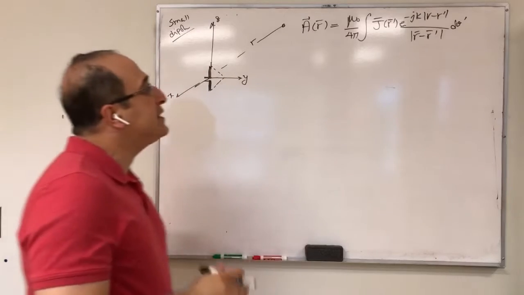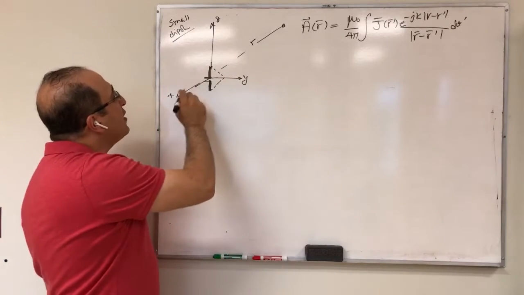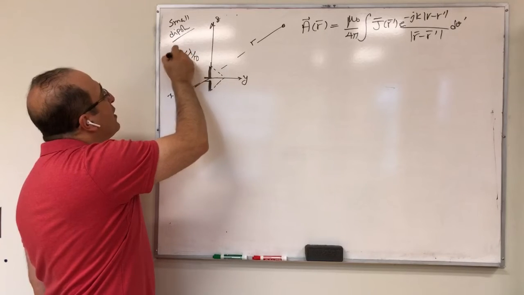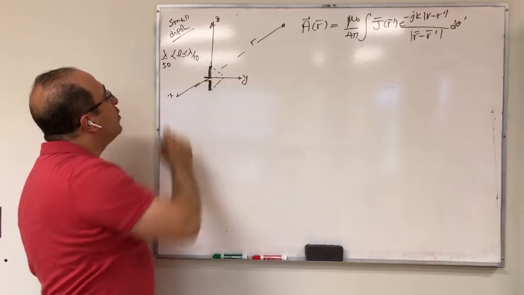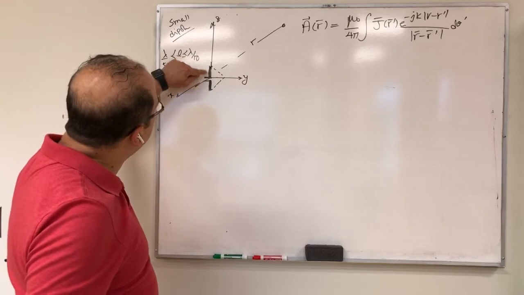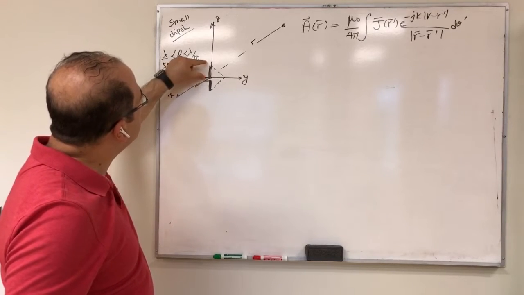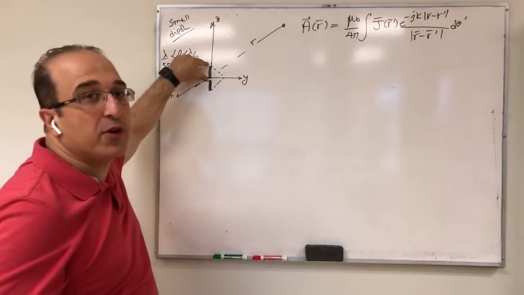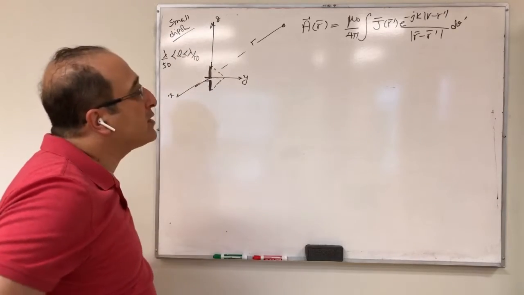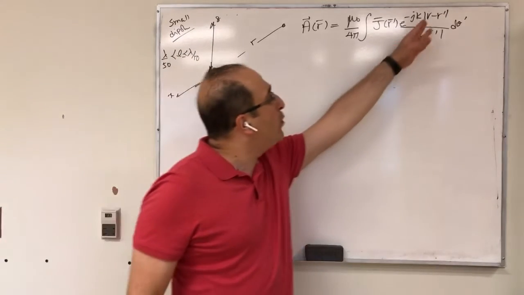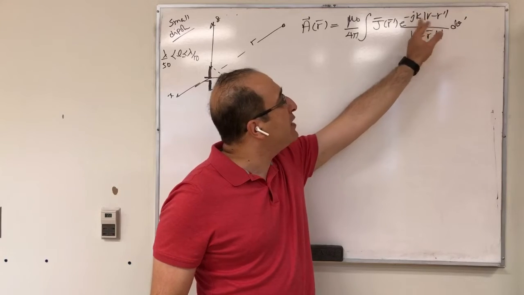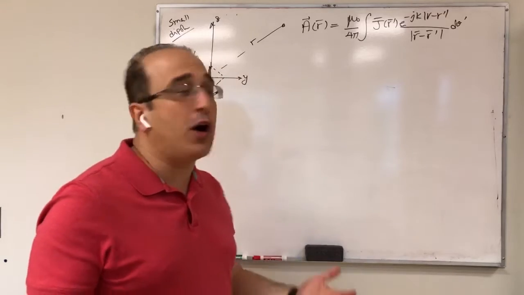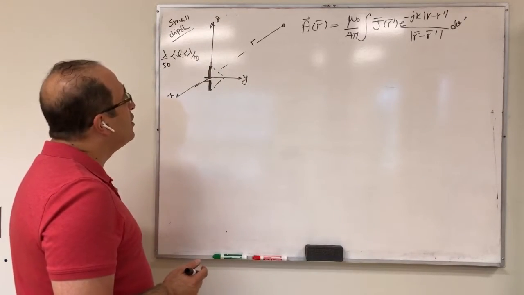Now, similar to before, this antenna is so tiny. Remember, the length of the antenna is smaller than lambda/10. That means this r prime, each arm at maximum, is lambda/20. So even if you are a few wavelengths away from the antenna, in both the phase term and the amplitude term in the denominator, you can approximate |r - r prime| by just r because r prime is so tiny.